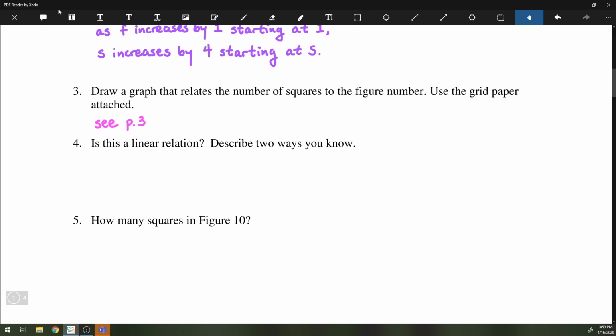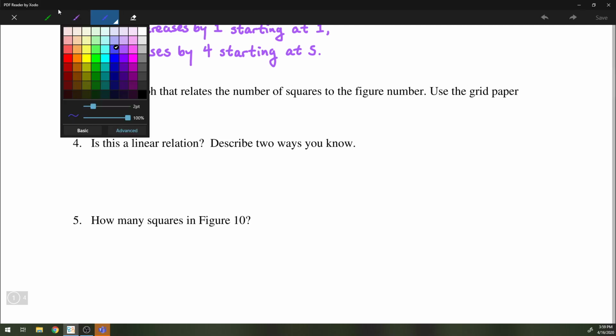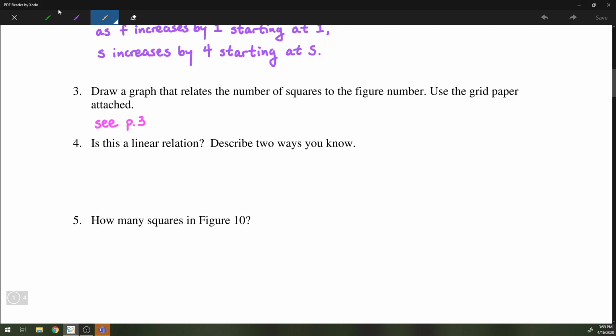Okay, let's go back. So the question is, is this a linear relation? Based on your graph, of course, yes it is. So yes, 2 ways you know. Number 1, the graph forms a straight line.